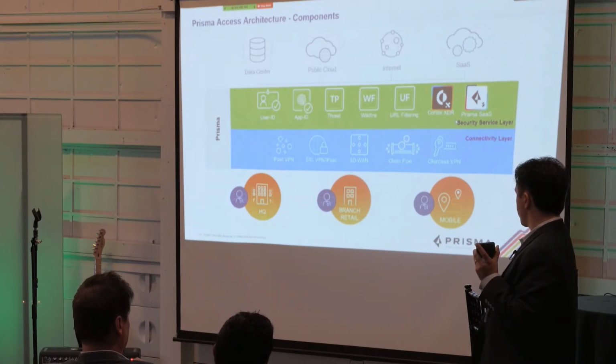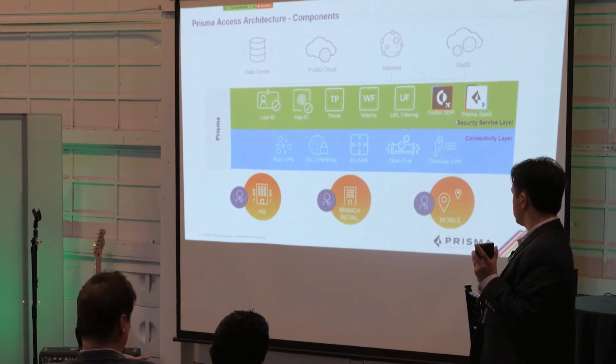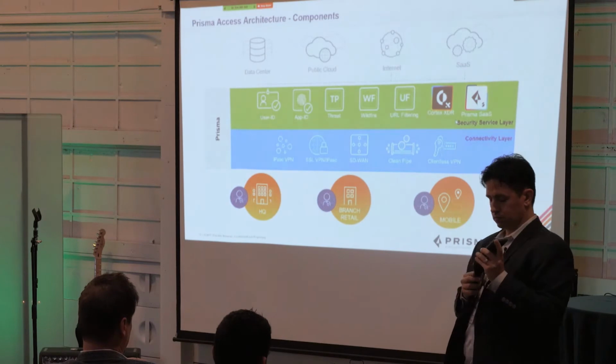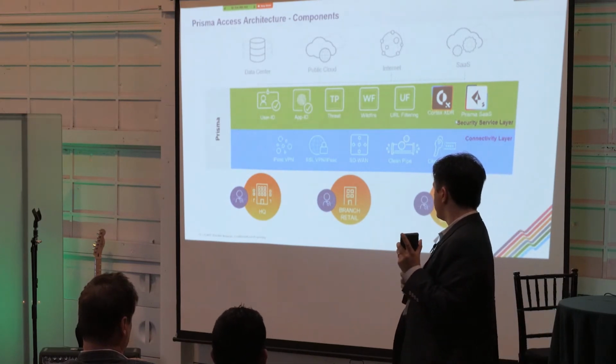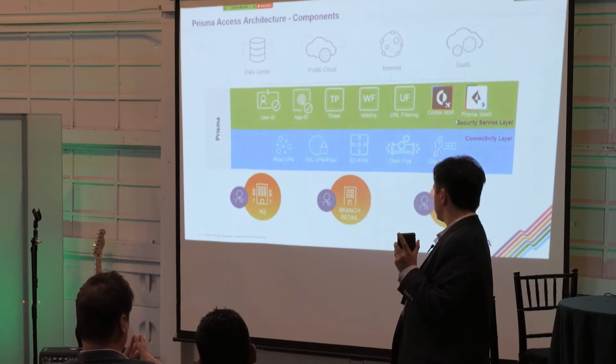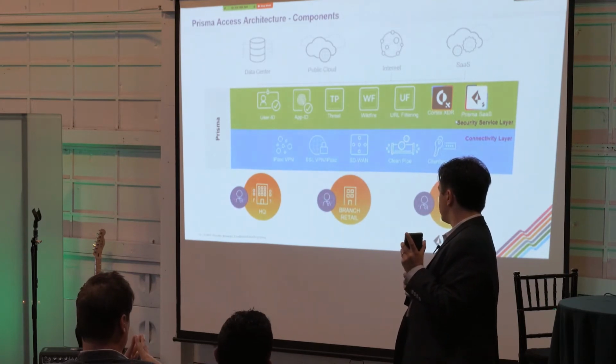So Prisma SaaS is slightly different. It's a multi-mode CASB. So it was trying to address these two security concerns: secure connectivity, and then a security service layer on top of it.